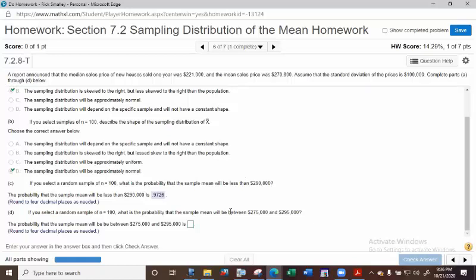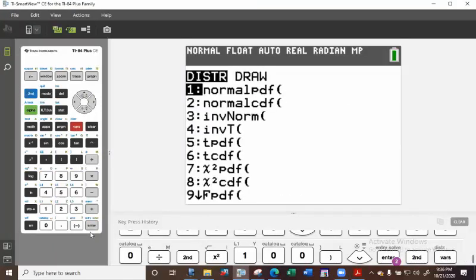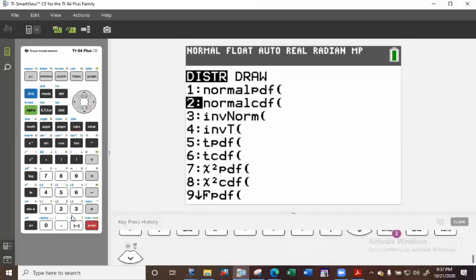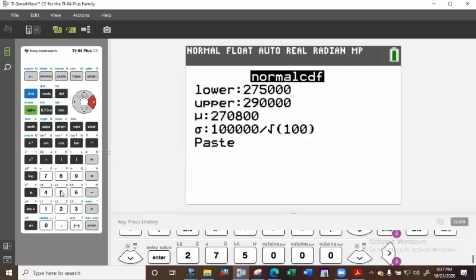And then what's the next one say? N equals 100 again. Now it's just saying between 275 and 295. All right, so that's easy enough. Normal CDF, 275, 295. And then the mean, and n was 100.